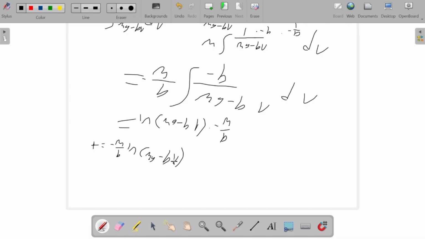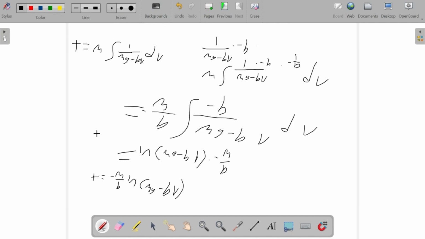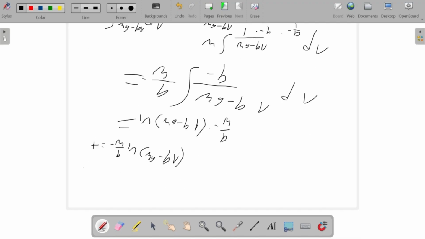Okay. So now it's just going to be basic arithmetic and math from this point. Oh, and don't forget the constant c. Since we integrate both sides, I'm going to say that t plus c equals minus m over b ln mg minus bv.